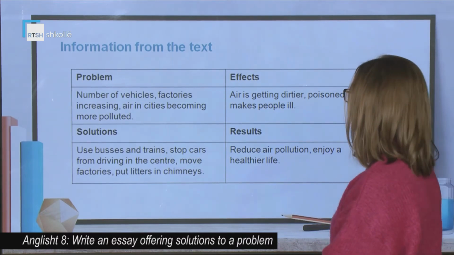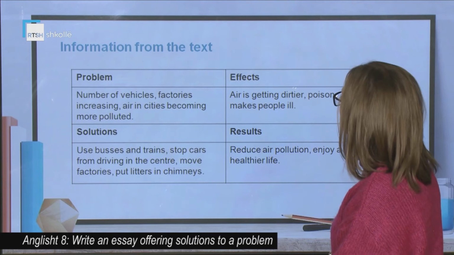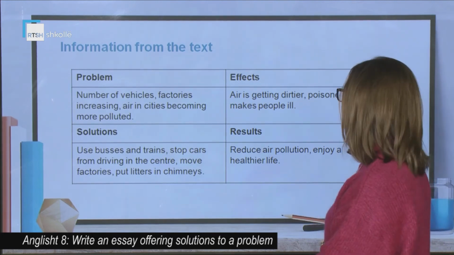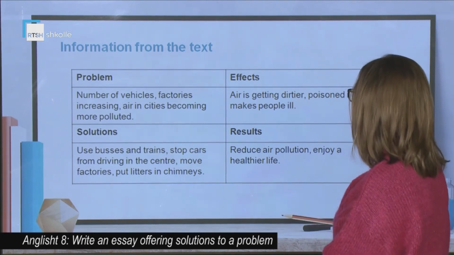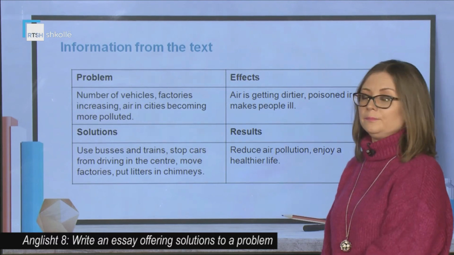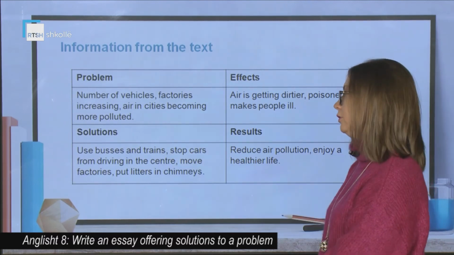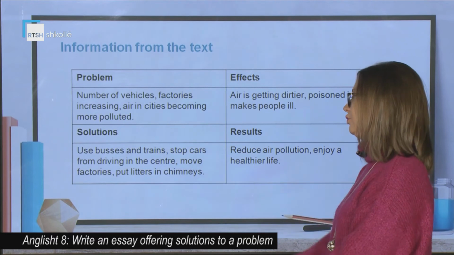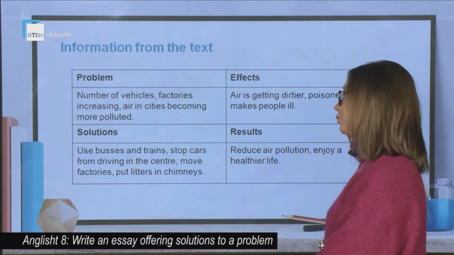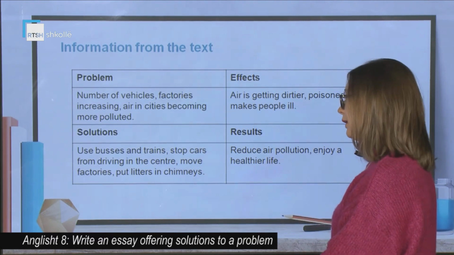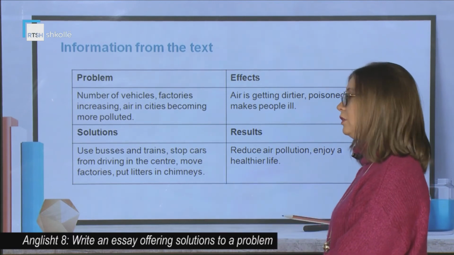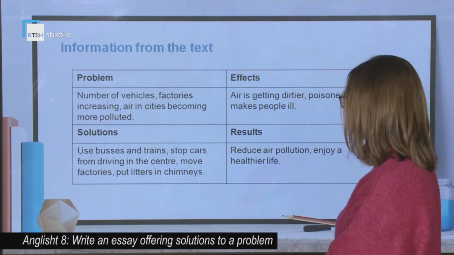So that is the problem. What about the effects? Air is getting dirtier, poisoned air makes people ill. And solutions? We use buses and trains, stop cars from driving in the center, move factories, and put filters in chimneys. So these were the solutions.